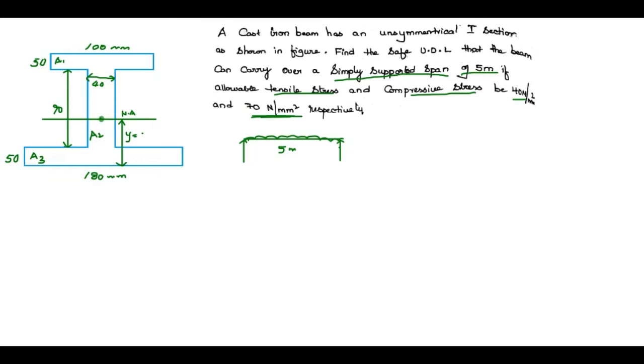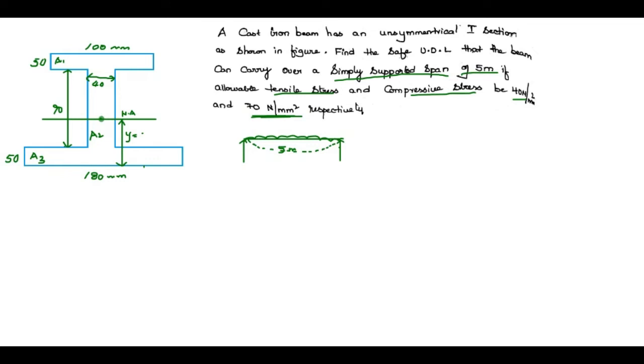Since this is a simply supported beam, the load is acting downward on this beam and the beam is going to deflect in this manner. Therefore, the layers on the top, above the neutral axis, are going to be in compression and below it in tension.